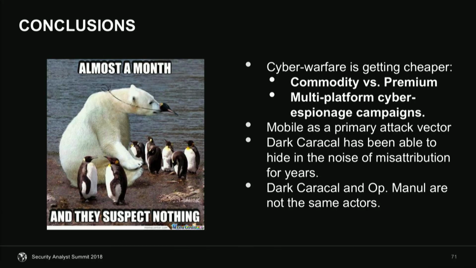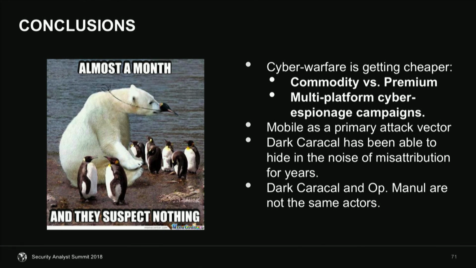So if you think that nation-state spying was cheap before, when people are running around buying premium software like Finfisher, which we can see this actor has definitely been doing, you can see that we've managed to find a way to make spying for nation states even stupider, easier, and cheaper. Great.